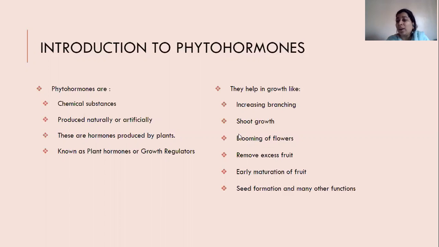So, how and what could they be affecting the plants? They help in growth like increased branching, shoot growth, blooming of flowers. You get a lot of flowers if you put certain hormones, right?